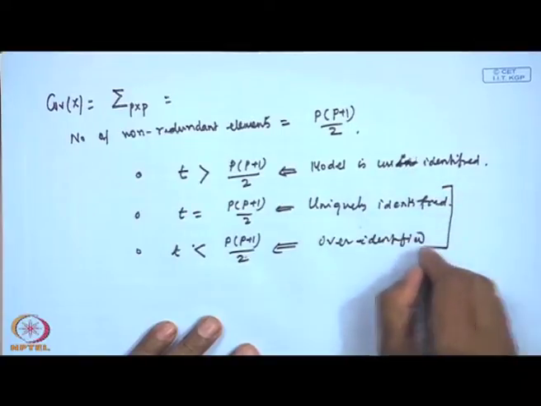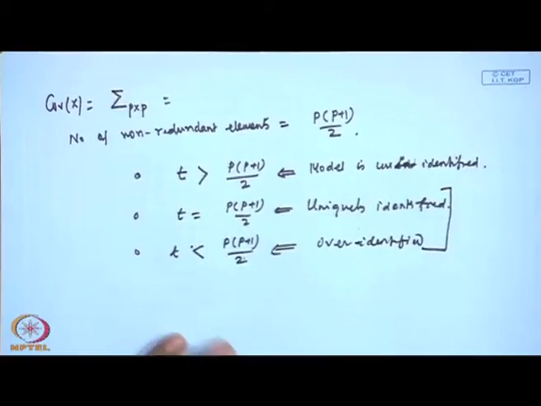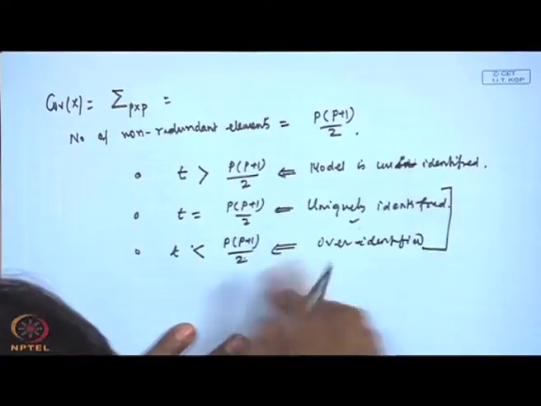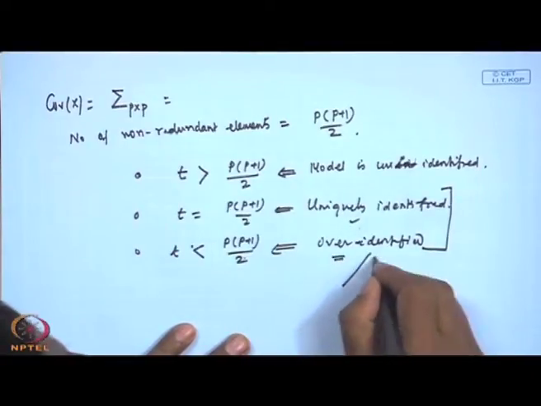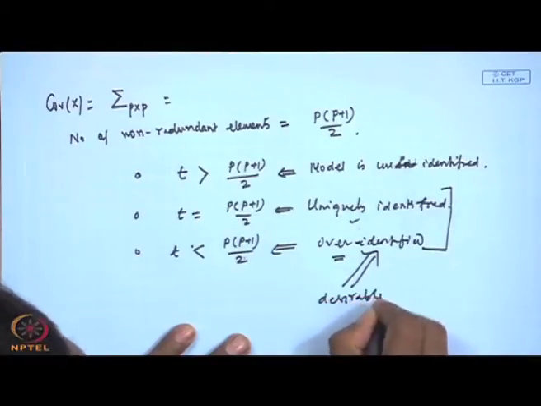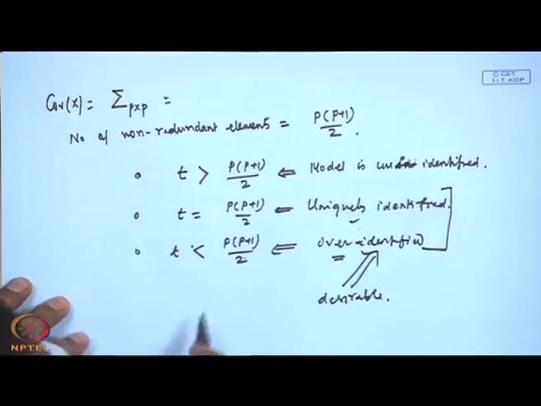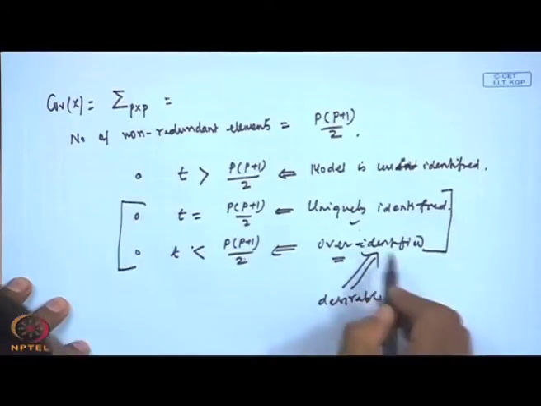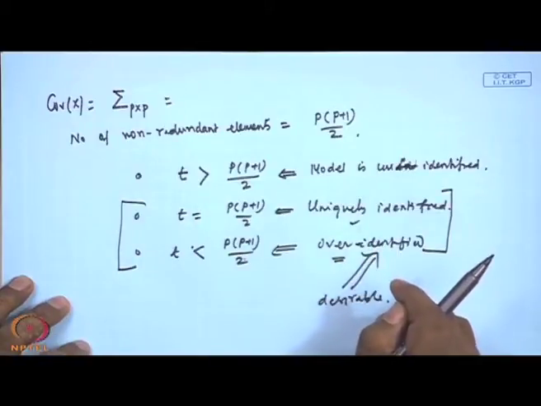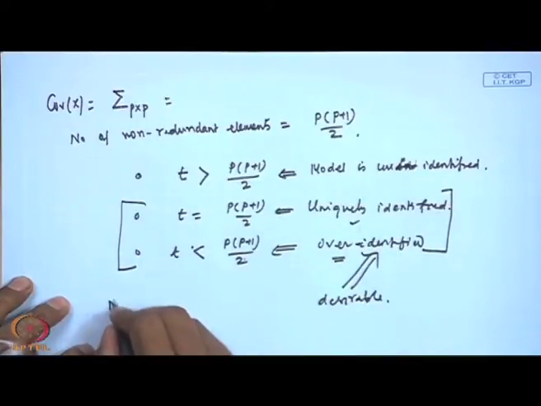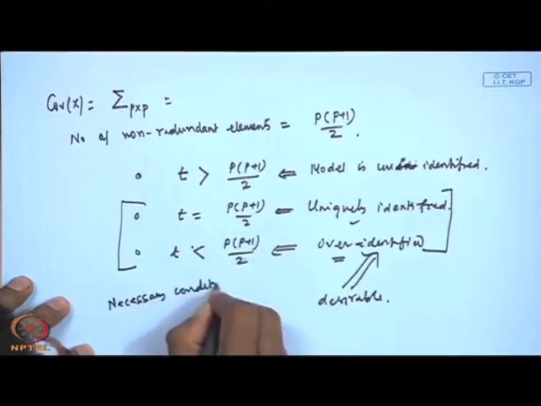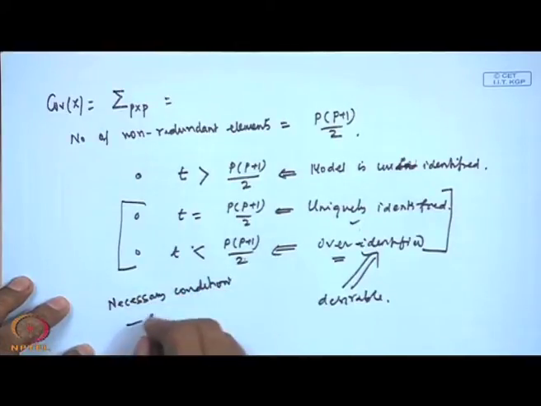So, at least these two are necessary. If you have the case which is uniquely estimated, or if you have over estimation, and that is the desirable one, over estimation is the desirable one. If either of these two conditions is satisfied, you say that the necessary condition is satisfied, which is also known as the order condition.